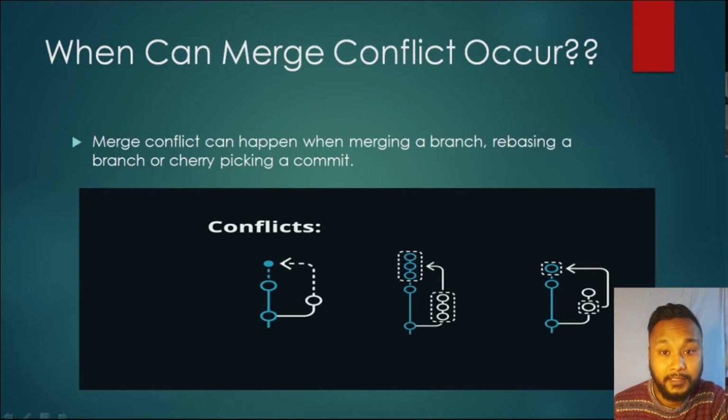There are these three scenarios, but we'll talk in detail about how a Git merge conflict occurs while merging branches.